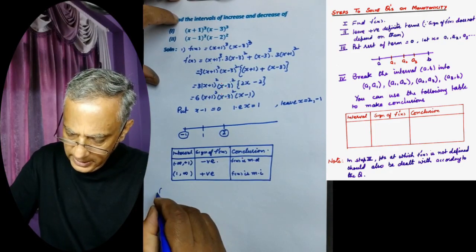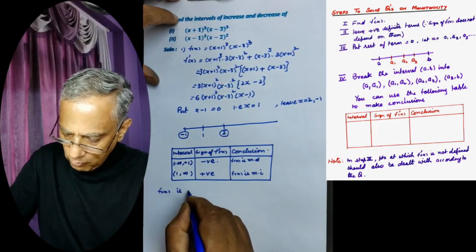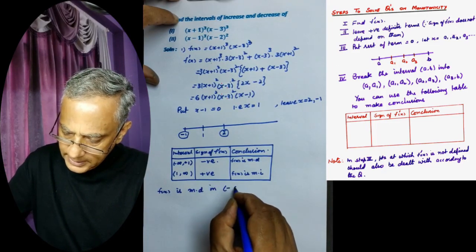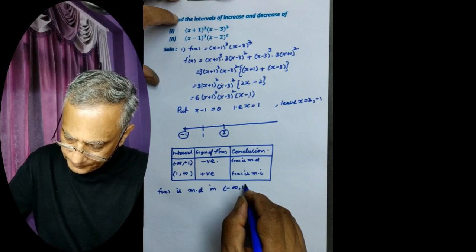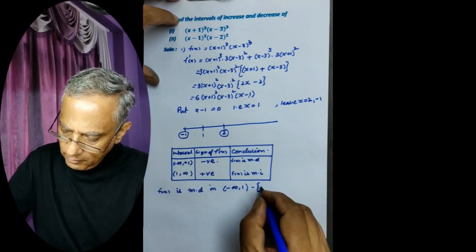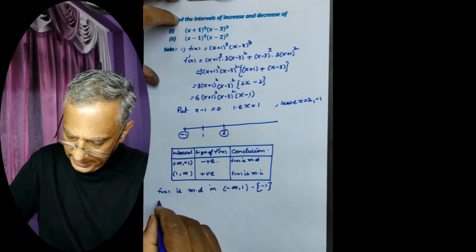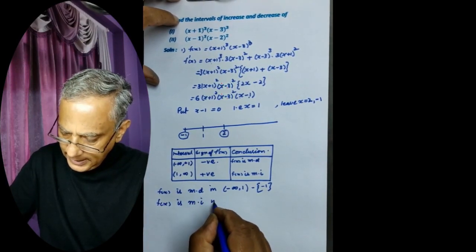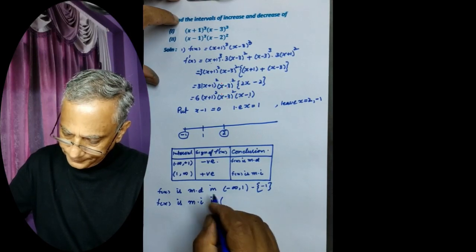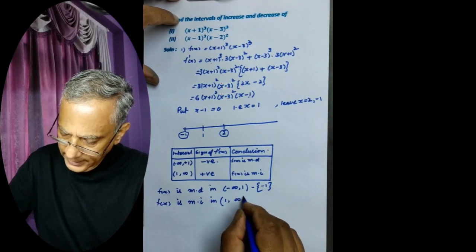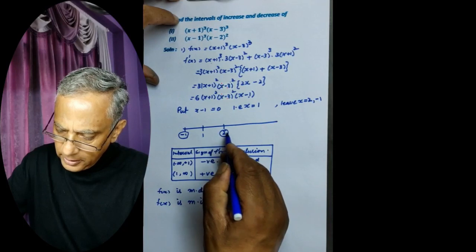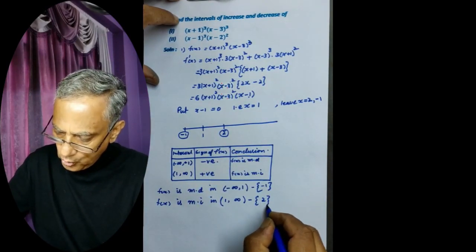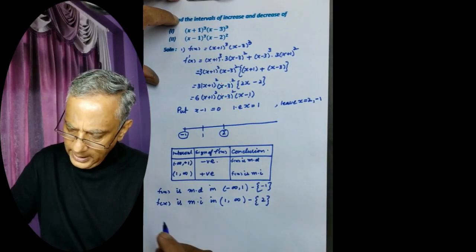So conclusion will be fx is monotonically decreasing in minus infinity to 1, excluding the point minus 1, and fx is monotonically increasing in 1 to infinity, including this point. This is 2. These 2 points have to be included.